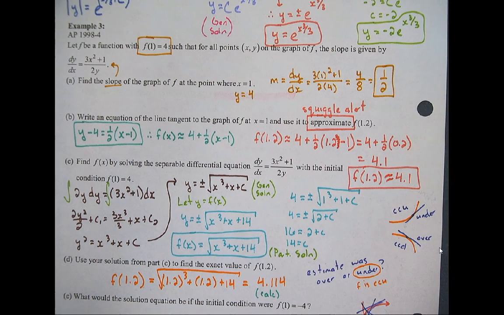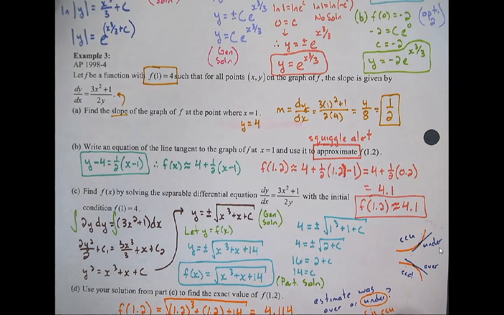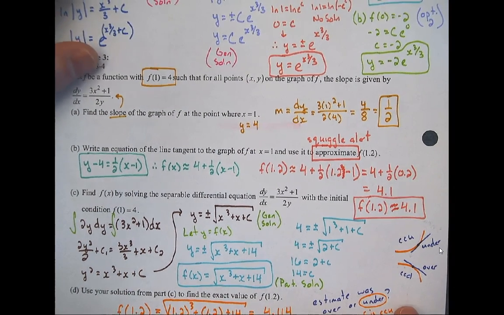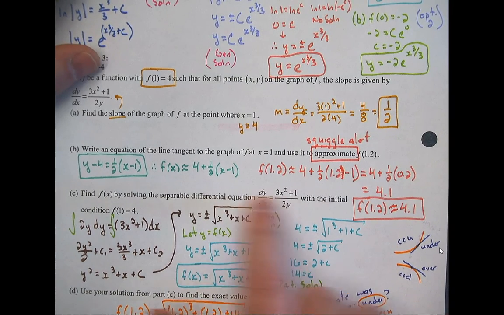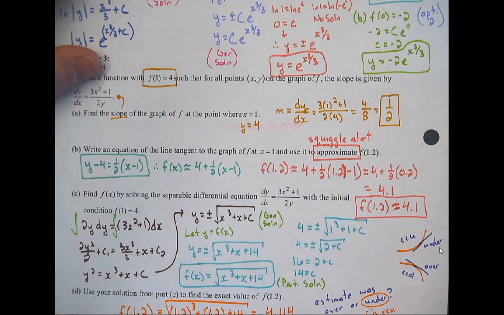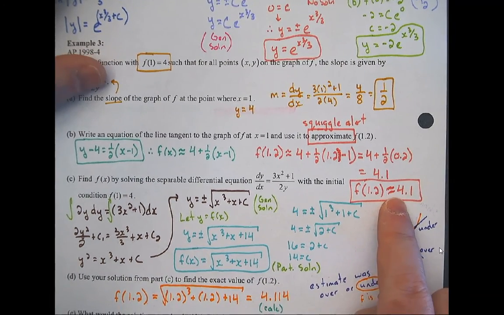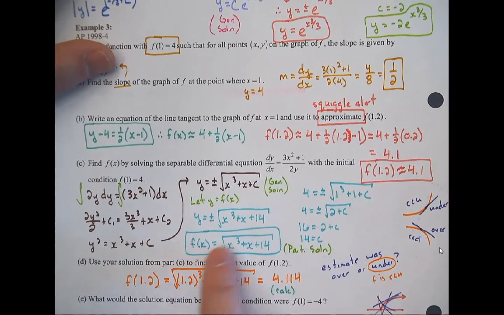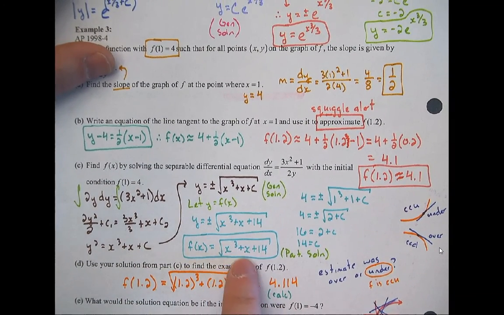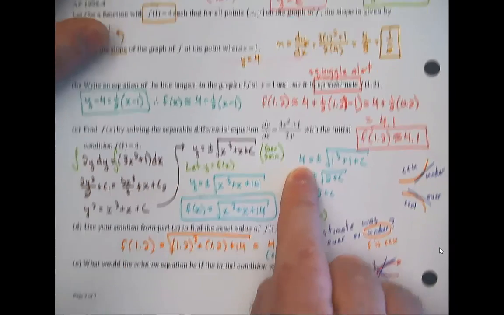I'm not going to go through all that again. Everything would be opposite, wouldn't it? Because my slope would be negative. So if my initial condition was negative 4, what would that change here? Oh, yeah. So this would be negative 4.